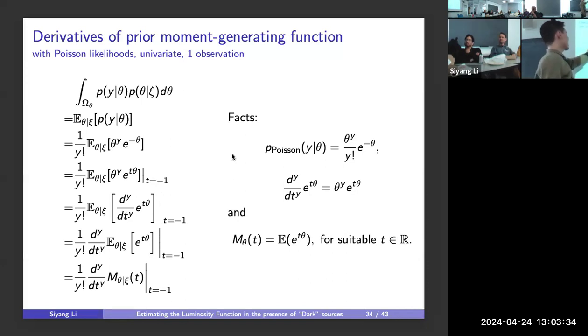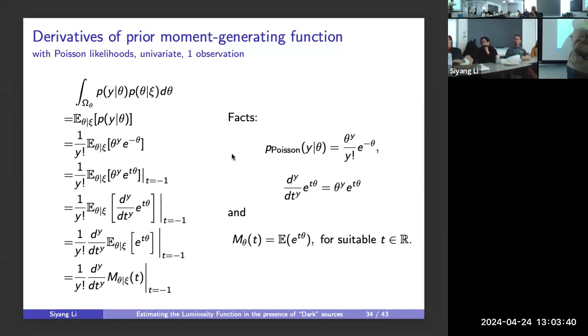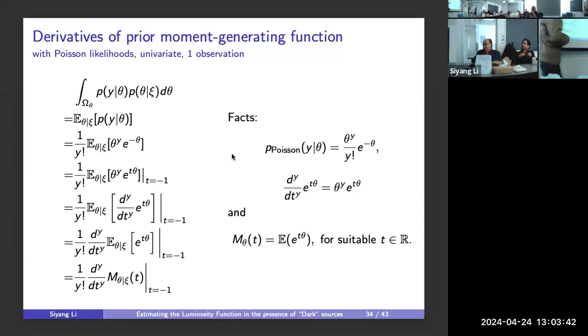Because we now restrict our attention to Poisson likelihoods, this likelihood takes a certain form, and we can take the constant outside of the expectation, and we can simply realize that this minus here can simply be a -1.